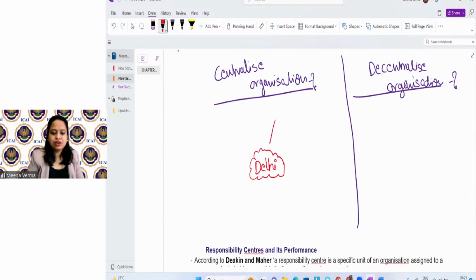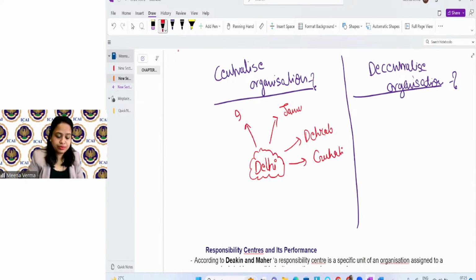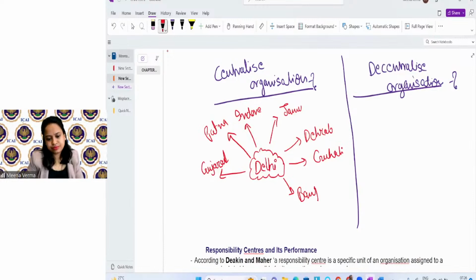And the company has different divisions in different cities of the country, like Jammu, Dehradun, Guwahati, Indore, Patna, Gujarat, Bangalore, and Kerala. So what is happening here in the centralized organization?